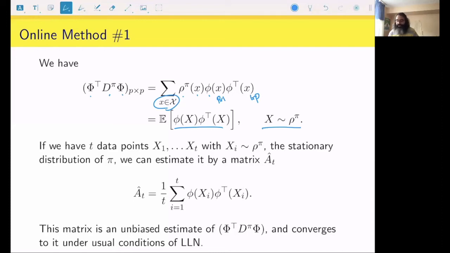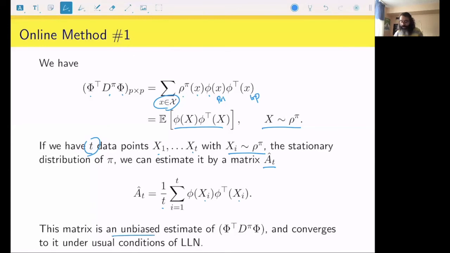That's great because we know how to convert an expectation to its empirical version. If we have t data points x_1 to x_t, each of them coming from the stationary distribution of pi, we can estimate it by the matrix A hat just by computing the average over them. So A hat of t would be 1 over t times the summation of i from 1 to t of phi(x_i) phi transpose(x_i).